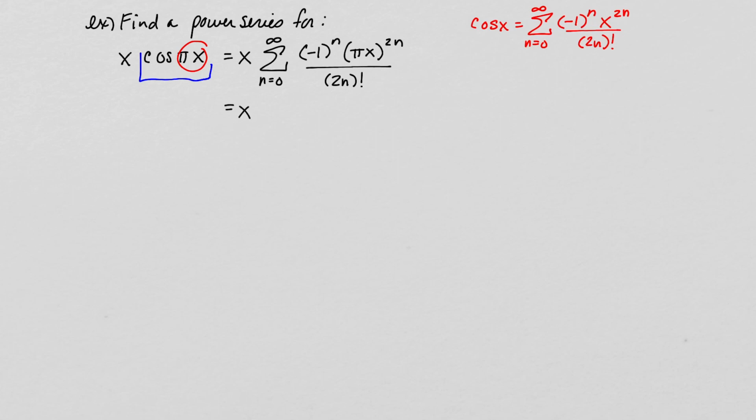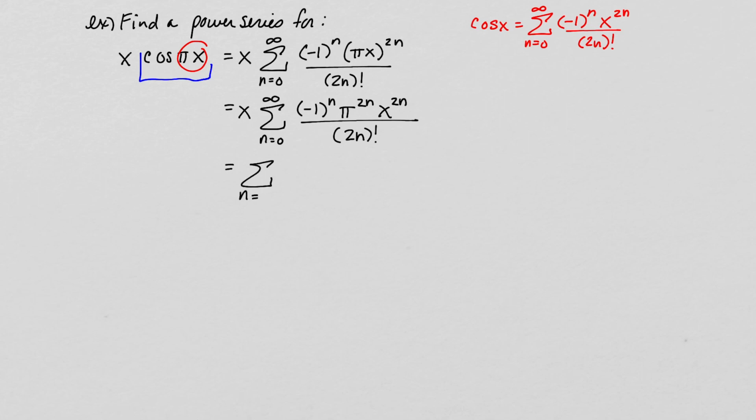So this is going to be x times the summation n equals 0 to infinity. If I do a little bit of algebra, negative 1 to the n, pi to the 2n, x to the 2n, all over 2n factorial. And then I can take that x that's sitting outside of the summation and bring it inside.